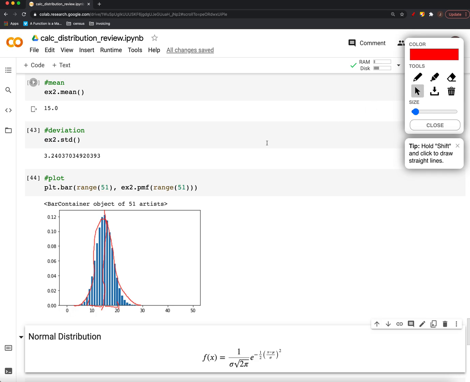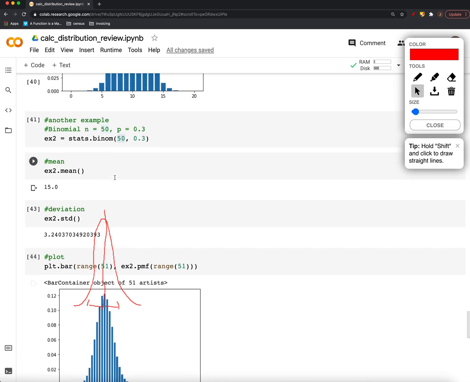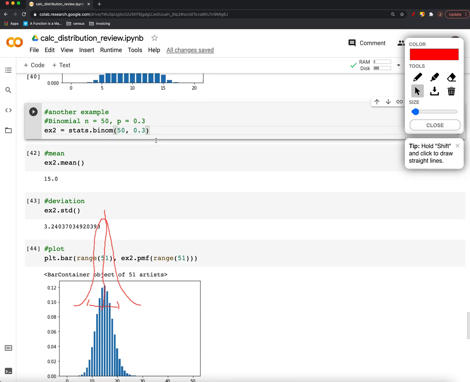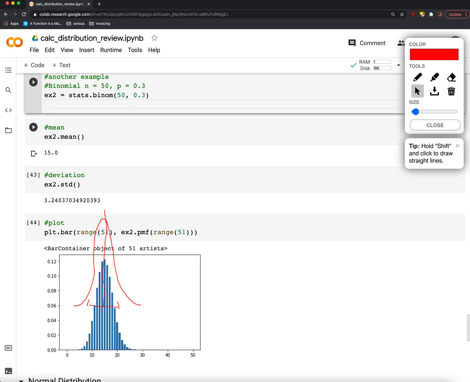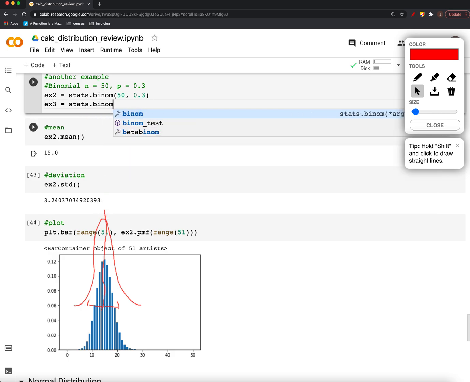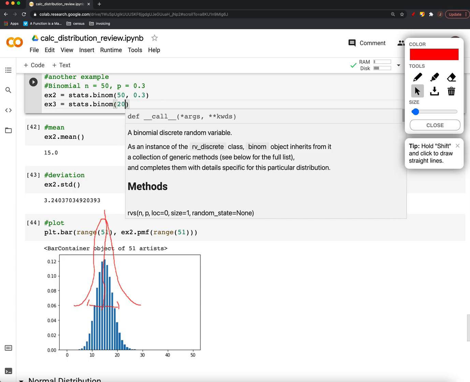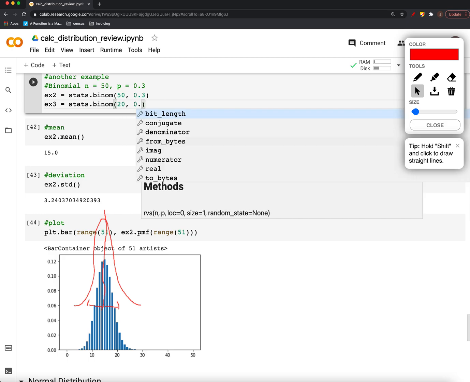And just for one other example, let's create another similar distribution here. And this time we'll have 20 trials with the same number of successes.